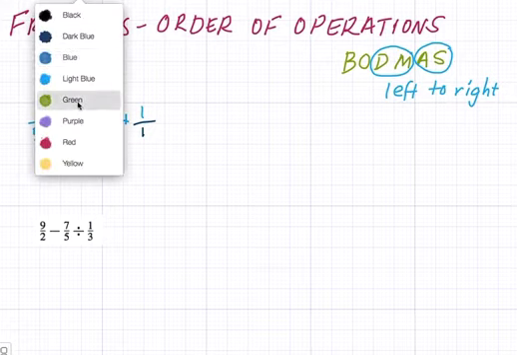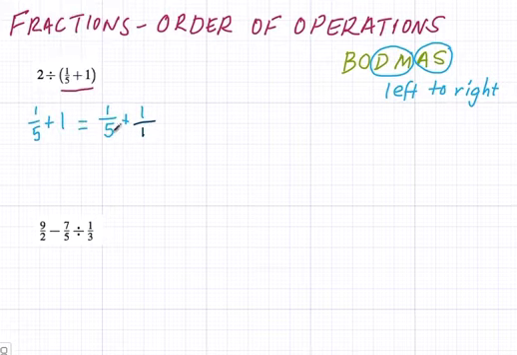Now looking at that, we know we have to have 5 on the bottom of both of these fractions. We've got it there already. So we'll have to multiply the bottom by 5 and multiply the top by 5 in this fraction. So now we've got 1/5 plus 5/5. And you may be able to go straight from 1 to 5/5. Any number over itself is always equal to 1.